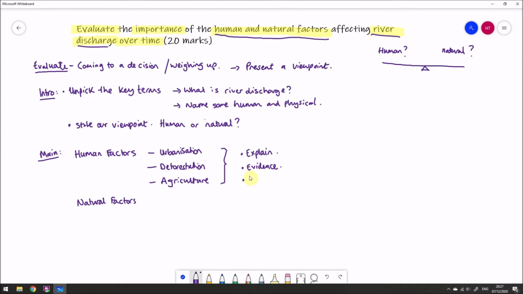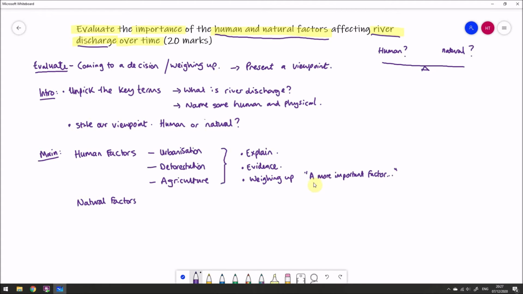And you also want to make sure that you are weighing up, okay? And do this as you go along. So rather than writing a point about urbanisation and then writing a point about deforestation and starting this point by saying, oh, and another factor is deforestation, oh, and another factor is agriculture, you want to use language like a more important factor is, or a less important factor is, okay?